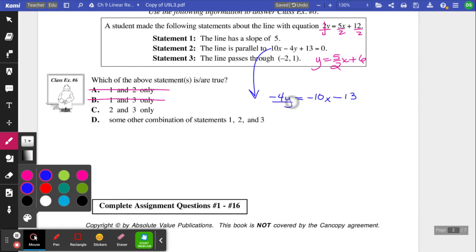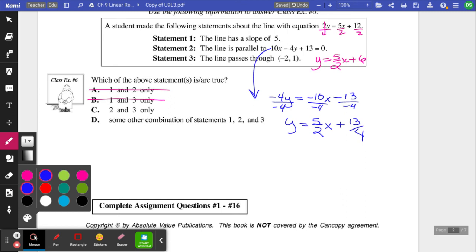Then I'm going to divide by negative 4. So y is actually going to be equal to 10 fourths, that's 5 halves, x plus 13 fourths. Now, are they parallel? What does the word parallel mean?